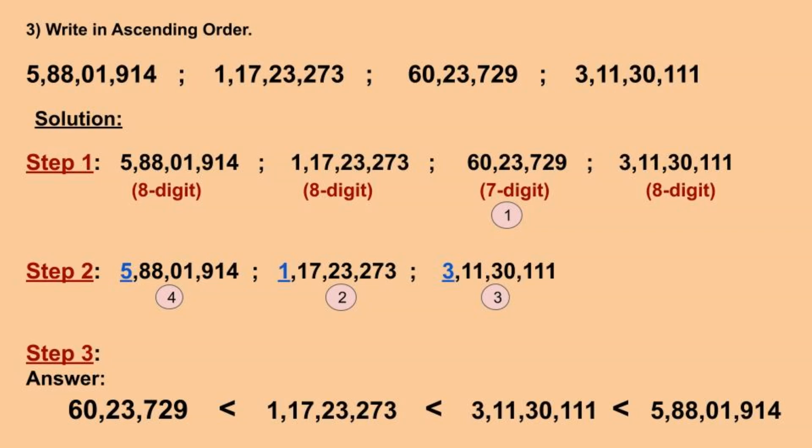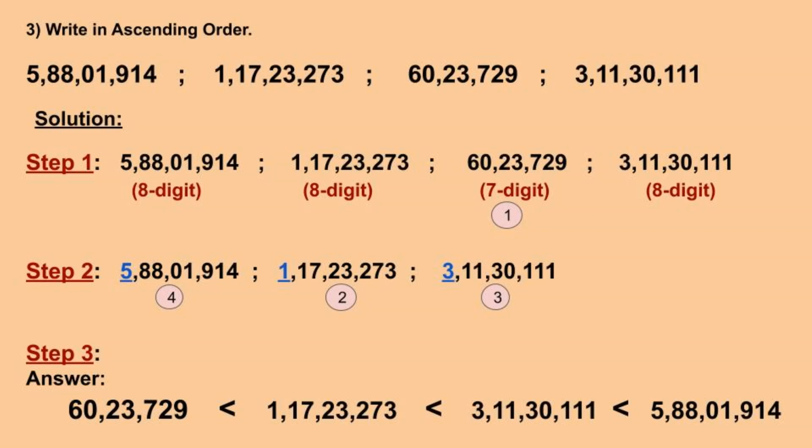In step 1, let's find out the number of digits first. The first number is 8 digit, second number is 8 digit, third number is 7 digit and the last number is 8 digit. The number that has the smaller number of digits, that means 7 digit, comes first. That is the smallest number compared to the other numbers.